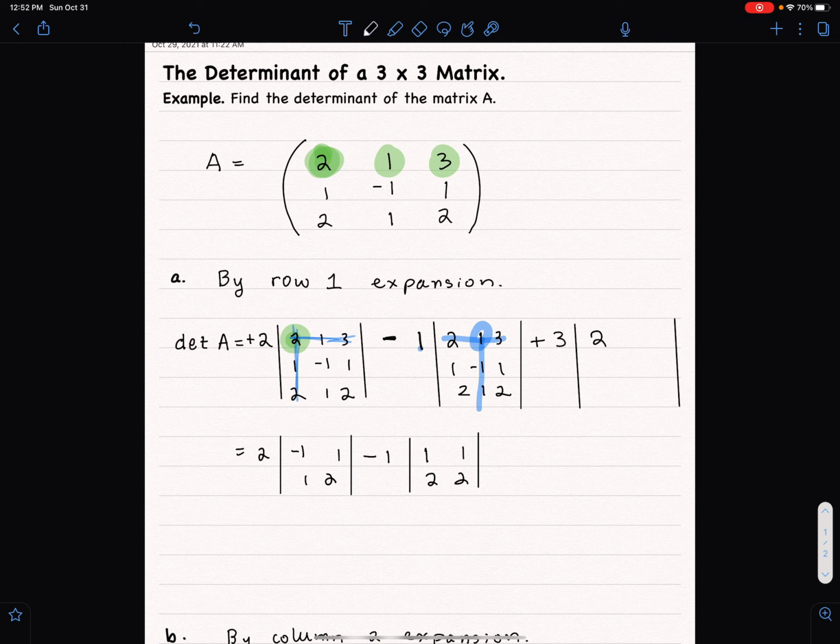Then I just continue. I have the original matrix, and now I'm at this 3. Okay, so I put the 3 there, and I cross out the row and the column that contains that 3. And so I'll get plus 3 times the 2 by 2 matrix, 1, negative 1, 2, 1. All right.